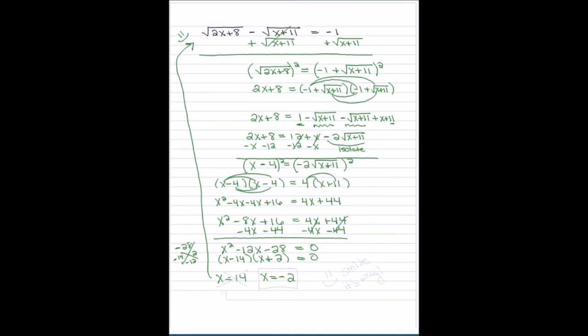I checked it in my calculator and it just does not work. So x equals 14 is not one of your solutions. Now try to plug in x equals negative 2 for all of your x values in the equation. And when you do, you will see that it does indeed work. So x equals negative 2 is your solution.